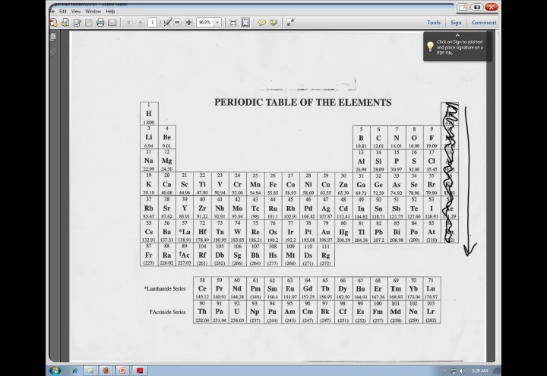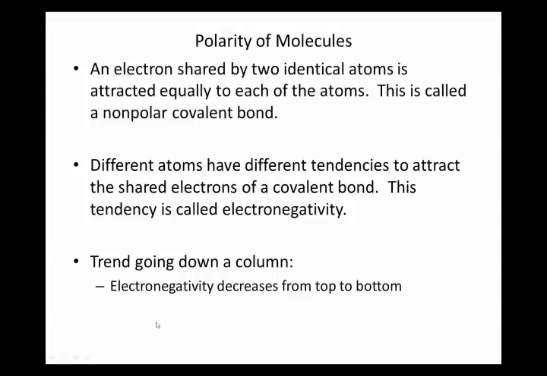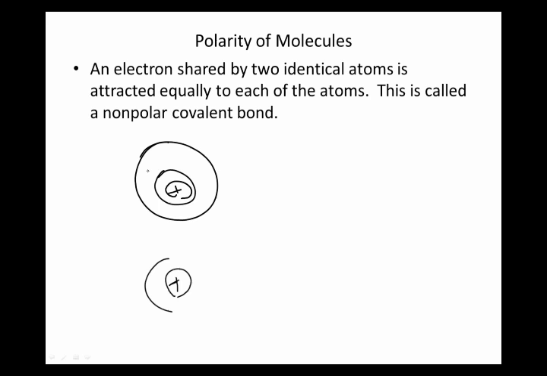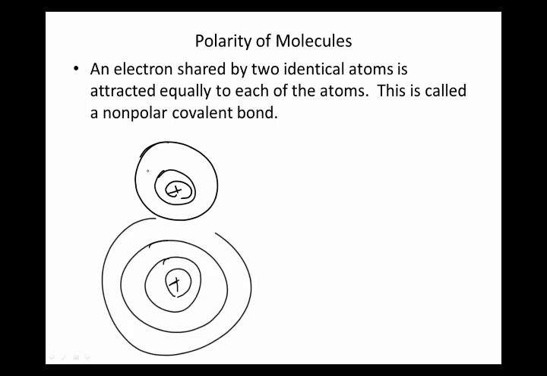Now, what was I going to say? So, the reason you get this effect is because if you think about fluorine, you have the nucleus and you have its electrons, and its full shell is the second shell. If you go down to chlorine, its full shell is the third shell.